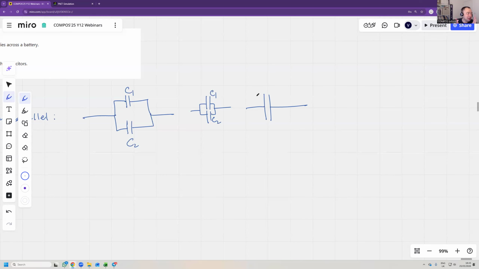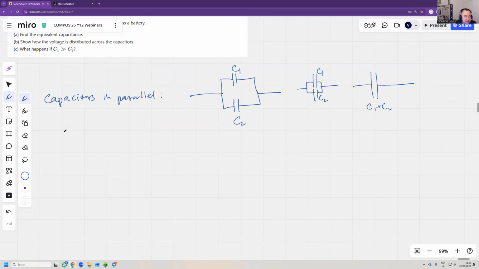Two capacitors in parallel is the same as one capacitor with bigger plates, and that's exactly what it is. So it's C1 plus C2. For capacitors in parallel, the total capacitance is just the sum of the capacitances, C1 plus C2 plus C3 plus etc.